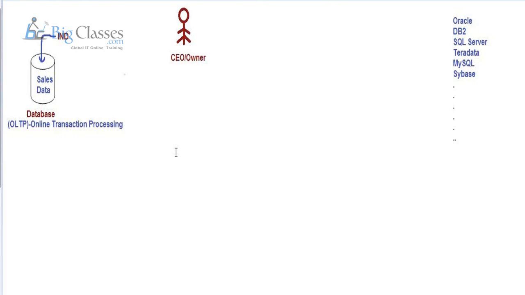If you look at any business, they offer some service or product, and as users we just purchase that service or product. So everything is called a transaction, and in our daily lives we do multiple transactions in a day. The databases which store this transaction data are called OLTP databases.